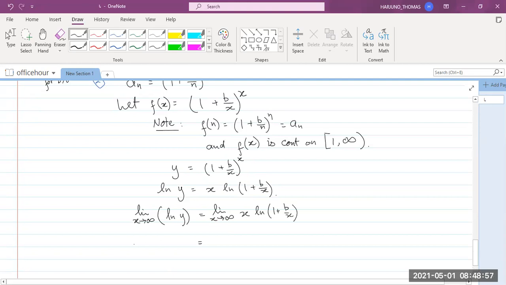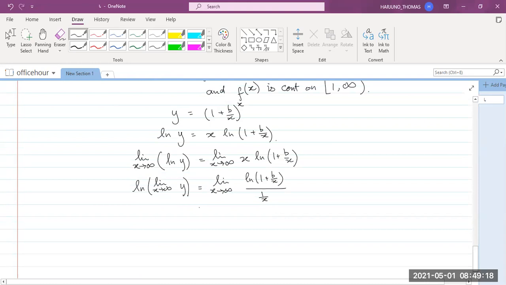On the left-hand side, it becomes natural log of the limit. On the right-hand side, I will rewrite it as natural log over 1 over x, because I will use L'Hopital's rule. That gives 1 over 1 plus b over x, times the derivative of b over x, which is negative b over x squared.